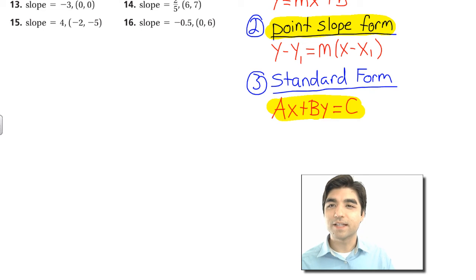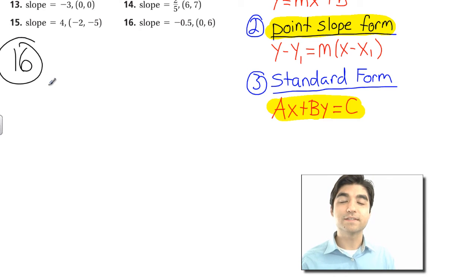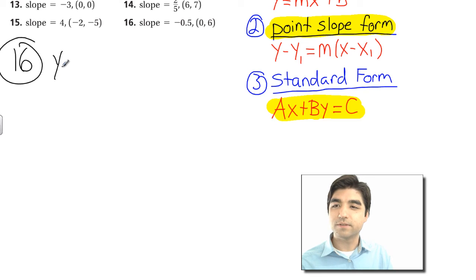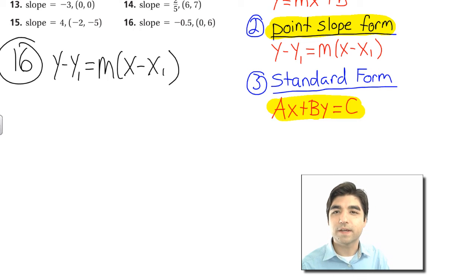And then we are on the last one, number 16. That one, its slope is negative 0.5 and the point is 0, 6. So we do y minus y1 equals m times x minus x1. Okay, so the y, we need to put our points in.